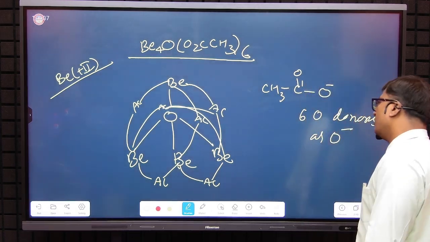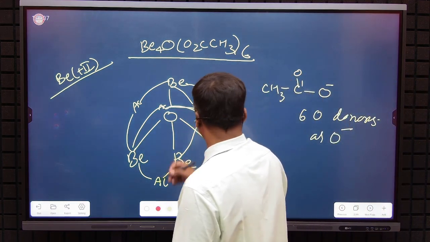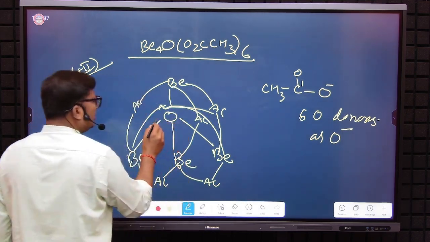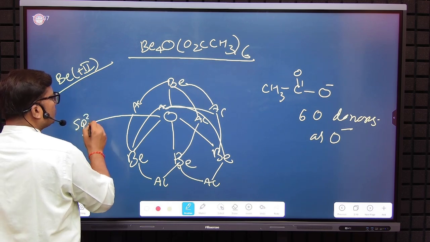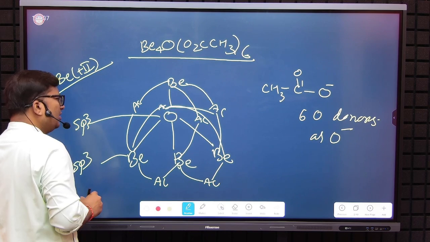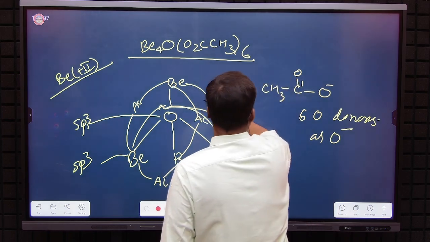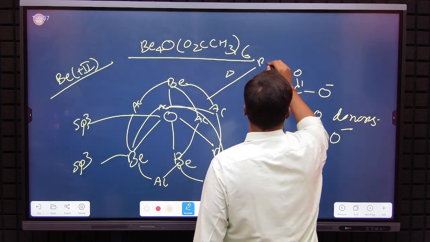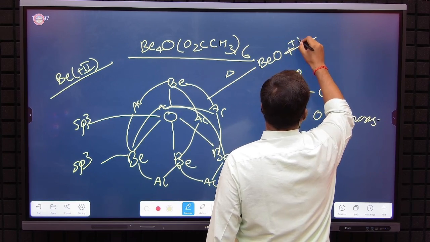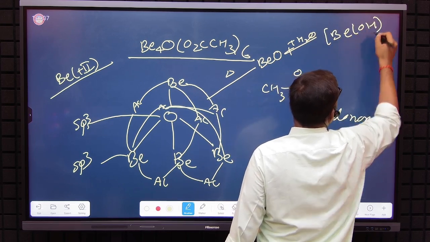So they are also complexes of oxygen donor Lewis bases, right? This oxygen is sp3, and all the berylliums are sp3 hybridized in the +2 state. Once they are heated, they form beryllium oxide, and once they react with H2O, it forms beryllium hydroxide, right?